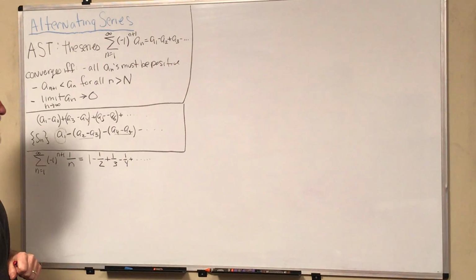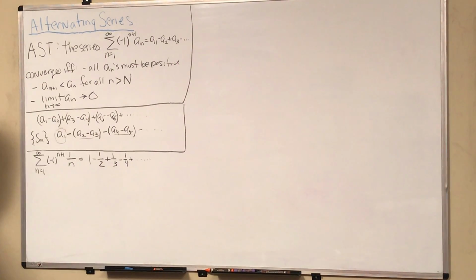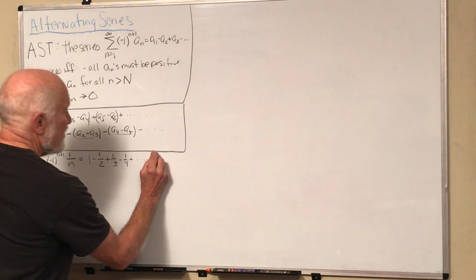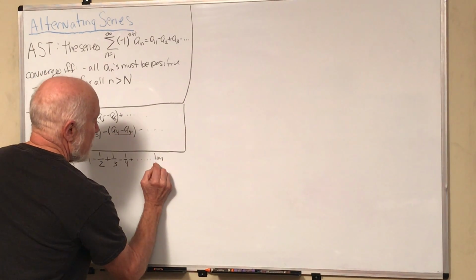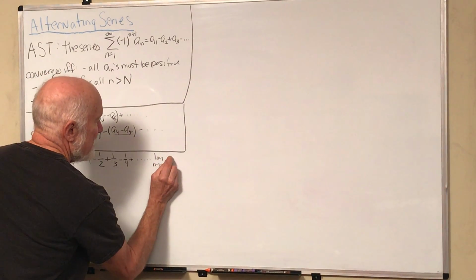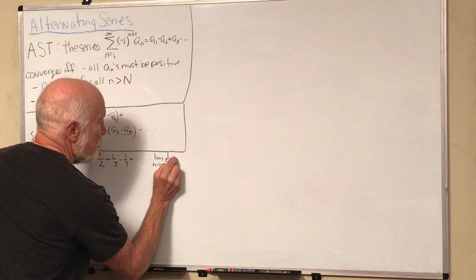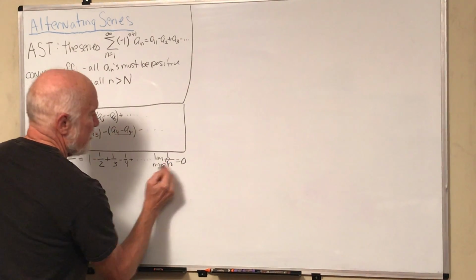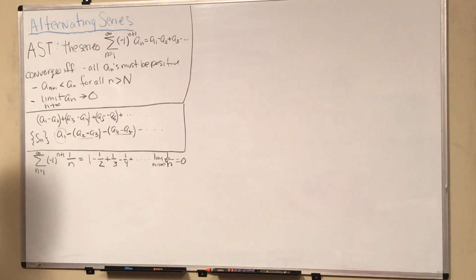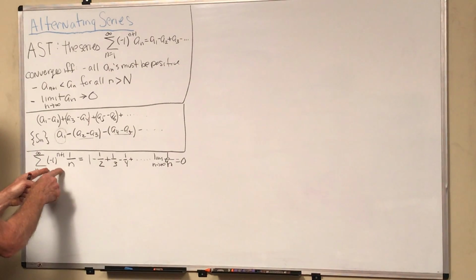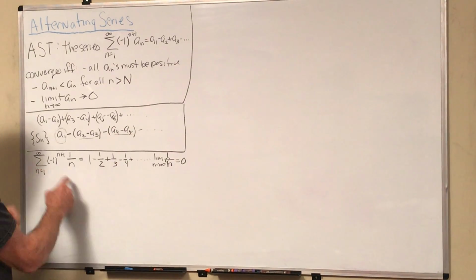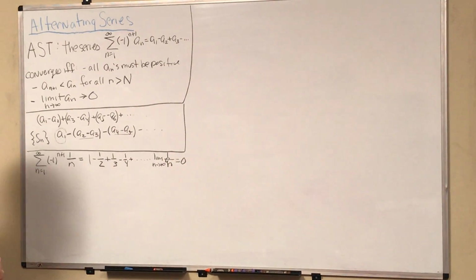It's pretty easy to see that they keep getting smaller. And lastly, does the limit as n approaches infinity of a sub n, which is 1 over n, go to 0? And yes, it sure does. So by that, I can say by the alternating series test, this series does converge.